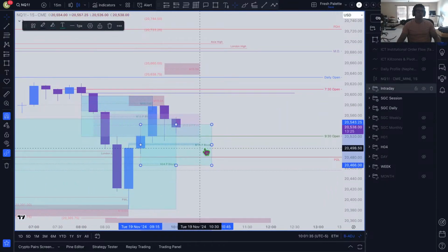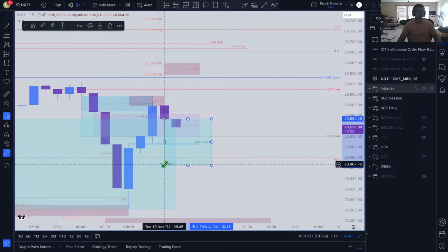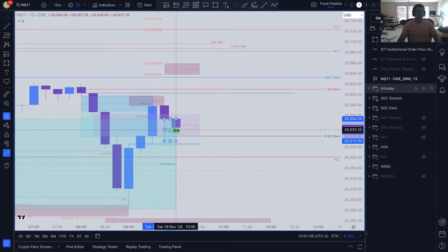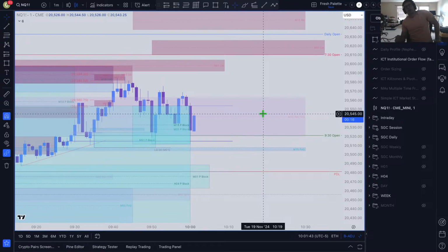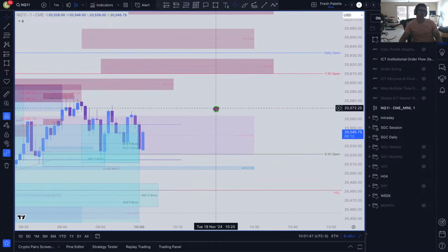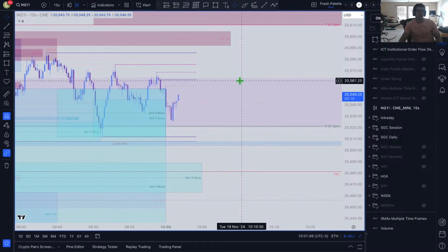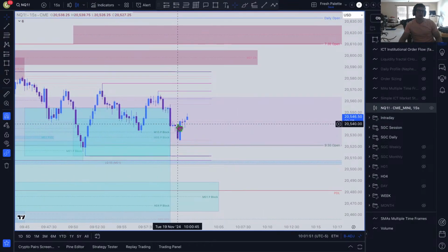And then we've got this potential block on the 15 as well. So let's just be patient, see if we get something out of here. You know, that was a sweep. 15 seconds didn't give anything either right there.